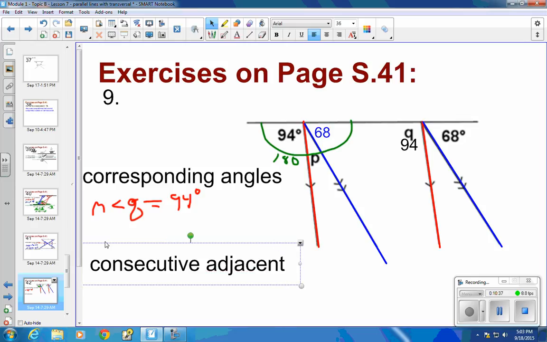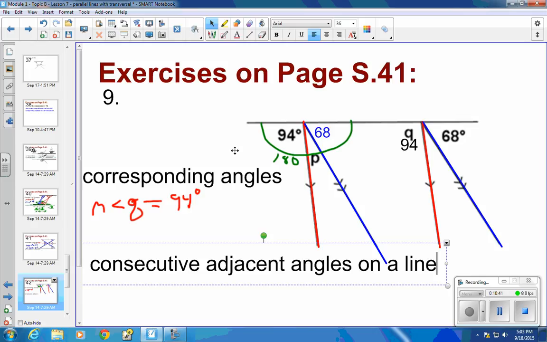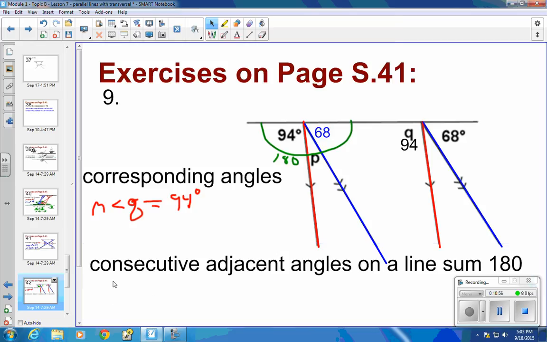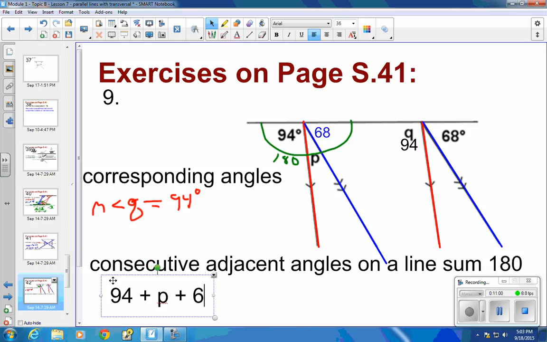That means they're all sharing sides, angles on a line. So all three of these angles added together form this line right across the top. And they should sum to 180 because we know there's 180 degrees halfway around our circle or on a line. So if I take the 94, add it to the P, and add that to the 68, I should get 180 degrees.